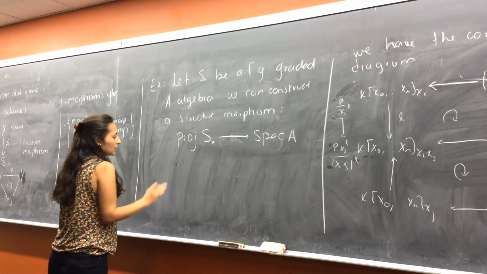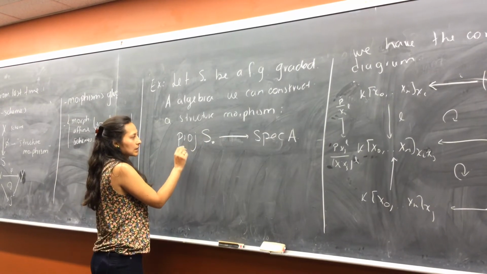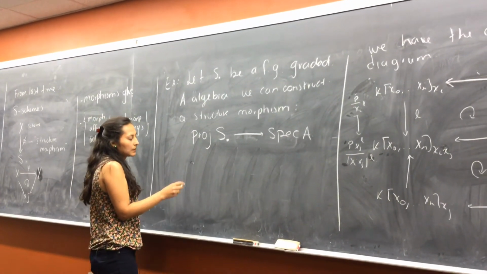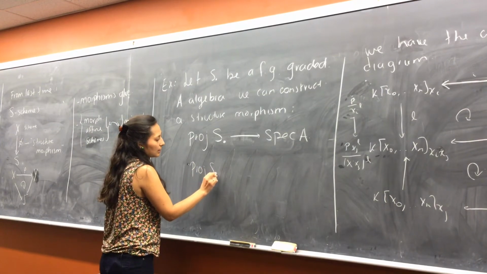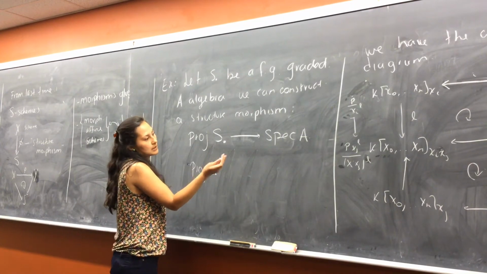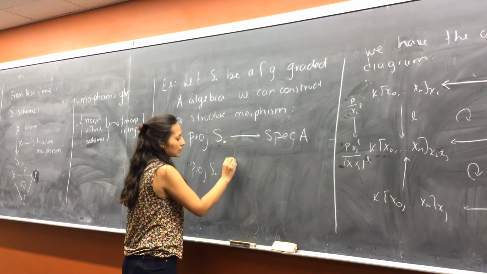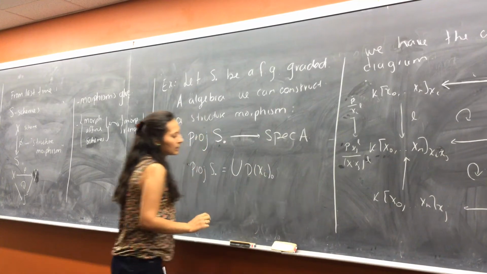Okay. So again, what we will do is just cover this scheme, Proj S, by affine opens. So remember that we can cover, let's say, the generators as an A-algebra of S are x_0 to x_n. So we can cover this with the D_+(x_i).